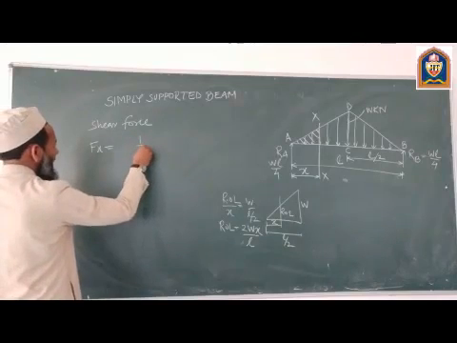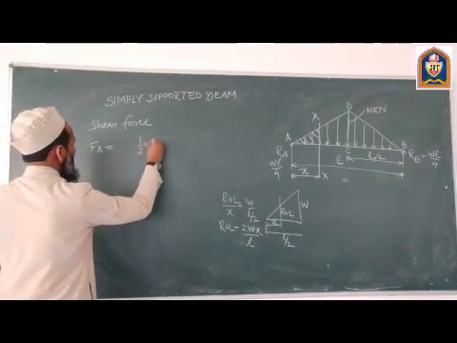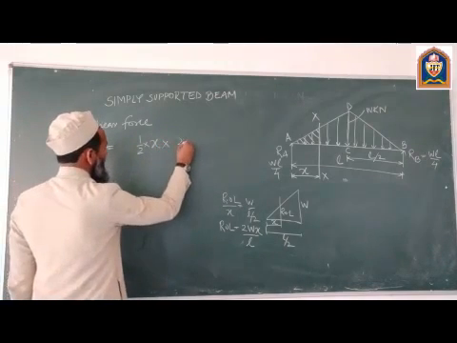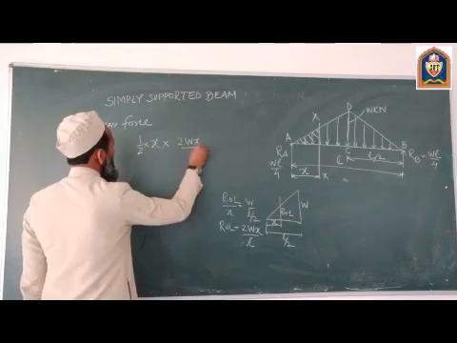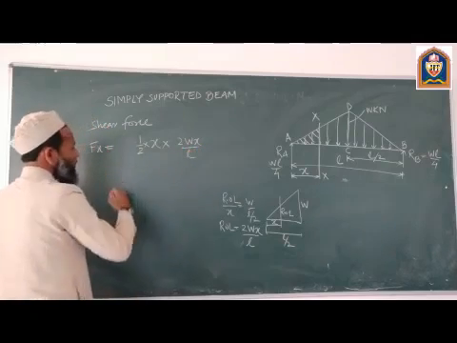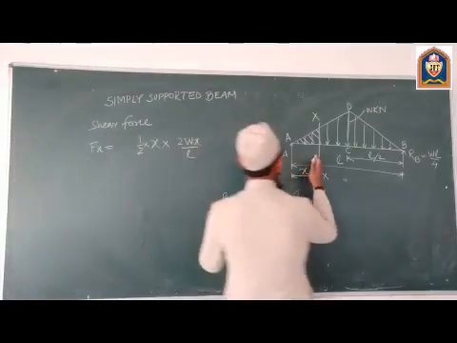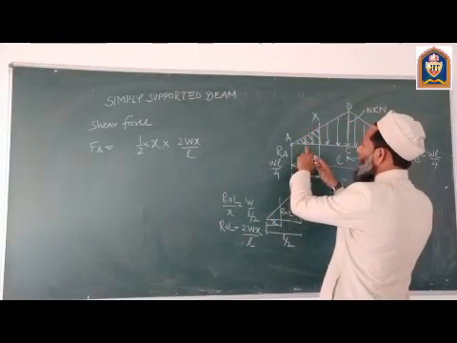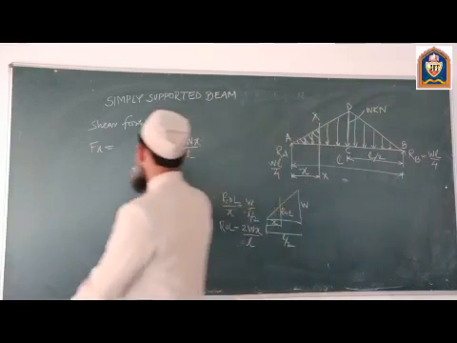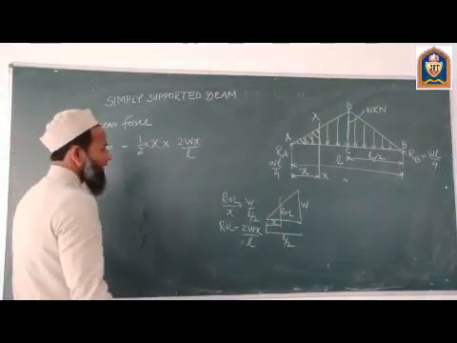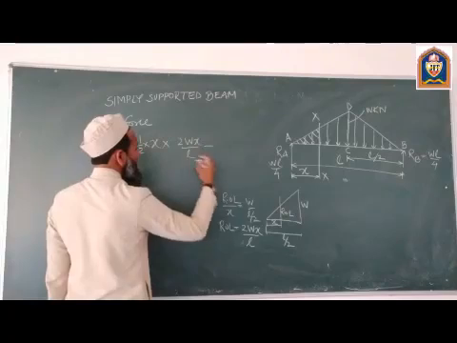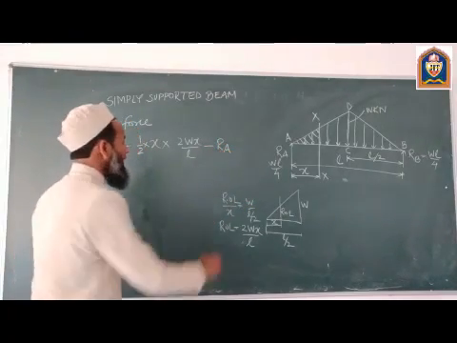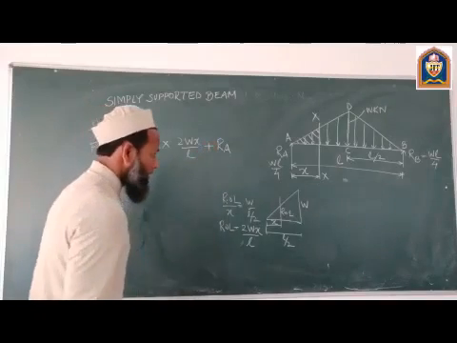The area of the triangle is 1 by 2 multiplied by x multiplied by the rate of loading, which is 2Wx upon L. This force, which is on the left of the section, is going down, so it has to be considered as negative. Another force is the reaction RA, which is going up, so it has to be taken as positive.